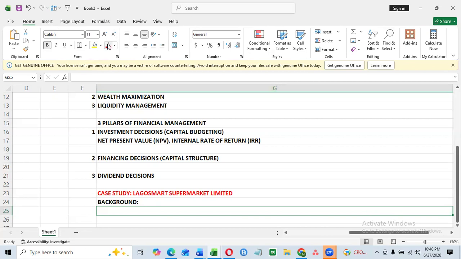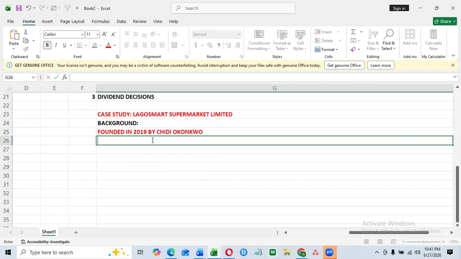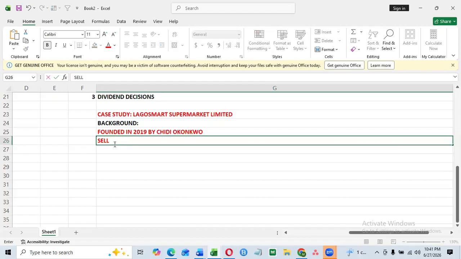This supermarket was founded in 2019 by Chidi Okonkwo. We are also told that the supermarket sells groceries, household items, and electronics accessories.